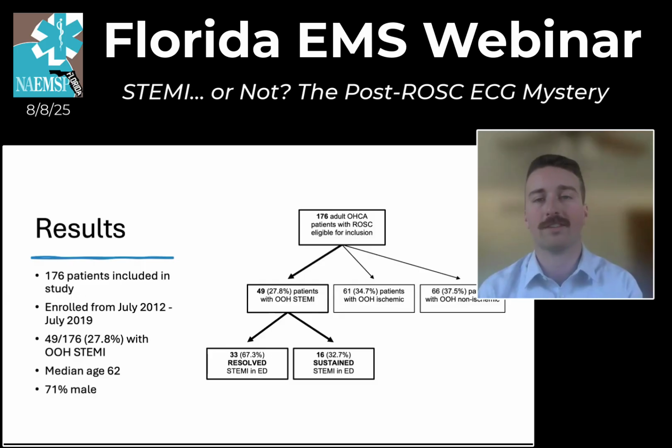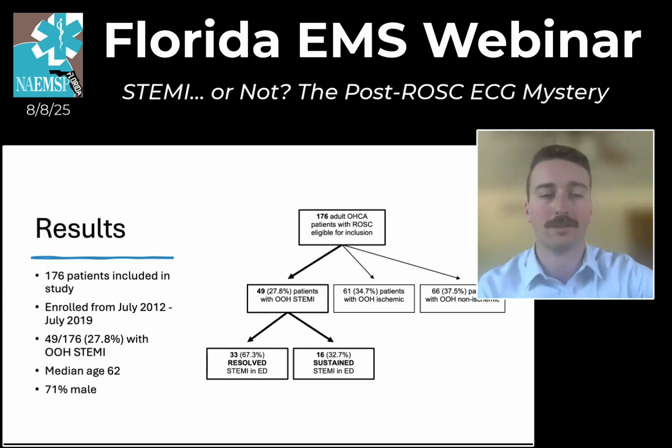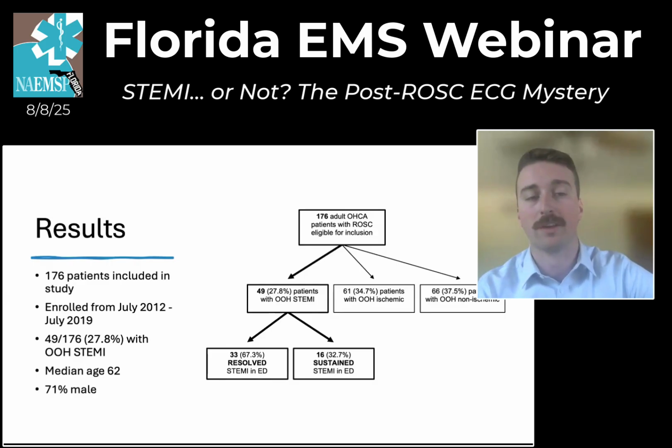Out of 176 patients, 49 had a STEMI on their out-of-hospital EKG. Of those 49, 33 had resolution of that STEMI on their emergency department EKG, while 16 had a sustained STEMI. You can also see the breakdown for the ischemic and non-ischemic out-of-hospital classifications. Of the STEMI patients, the median age was 62, and they were 71% male.